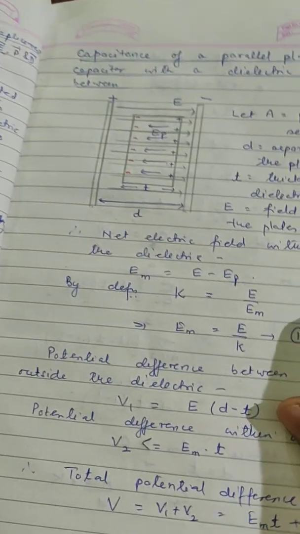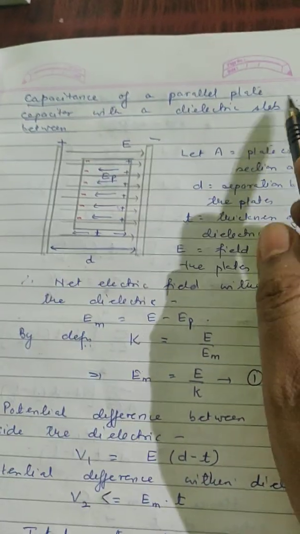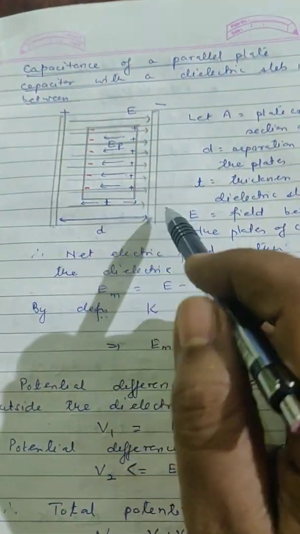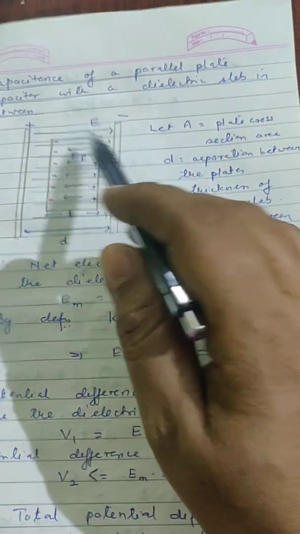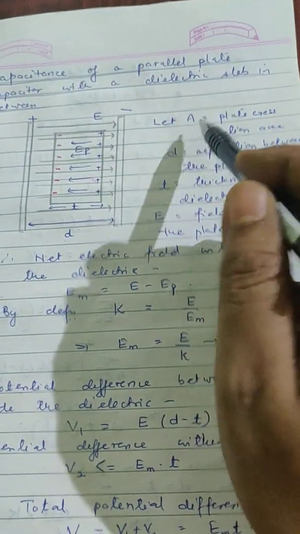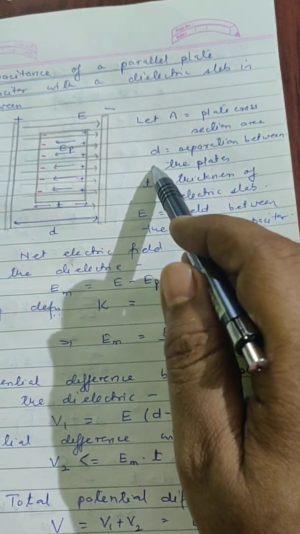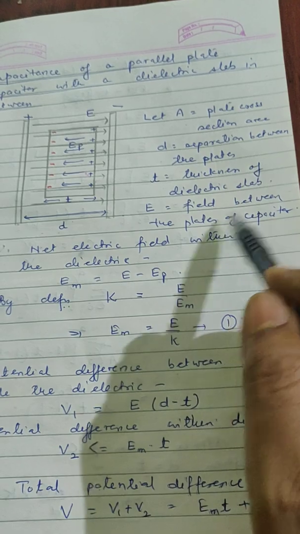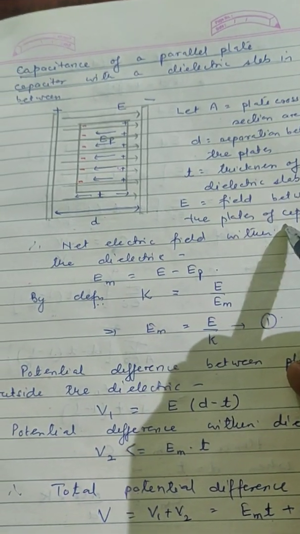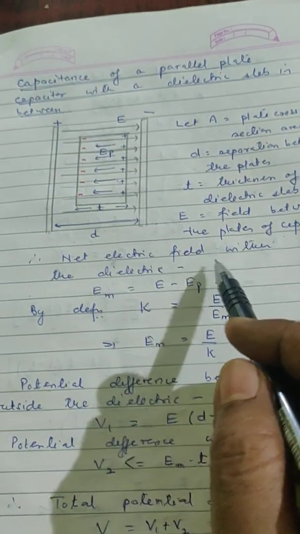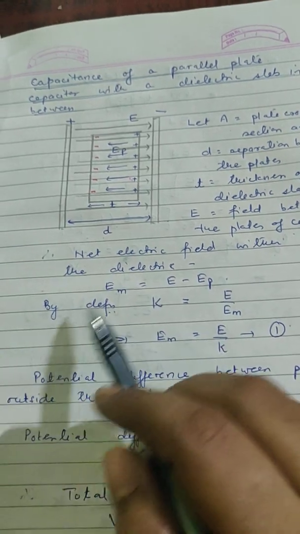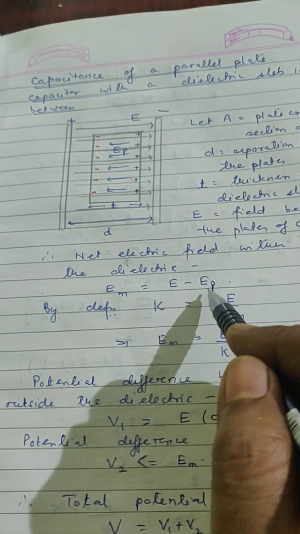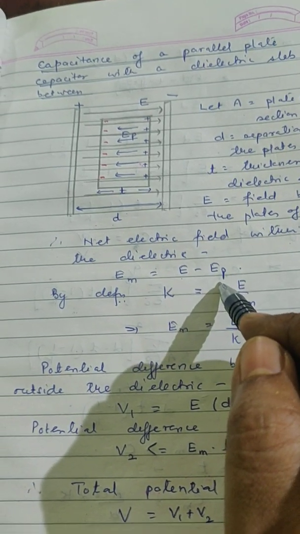So now let us see what is the capacitance of a parallel plate capacitor with a dielectric slab in between. I have taken a parallel plate capacitor. I have taken the cross section area of the plate as A, then the separation between the plates as D, and T is the thickness of the dielectric slab, E is the electric field between the plates of the capacitor, and the net electric field within the dielectric, as we have seen, is the difference of the external field and the electric field due to polarization.